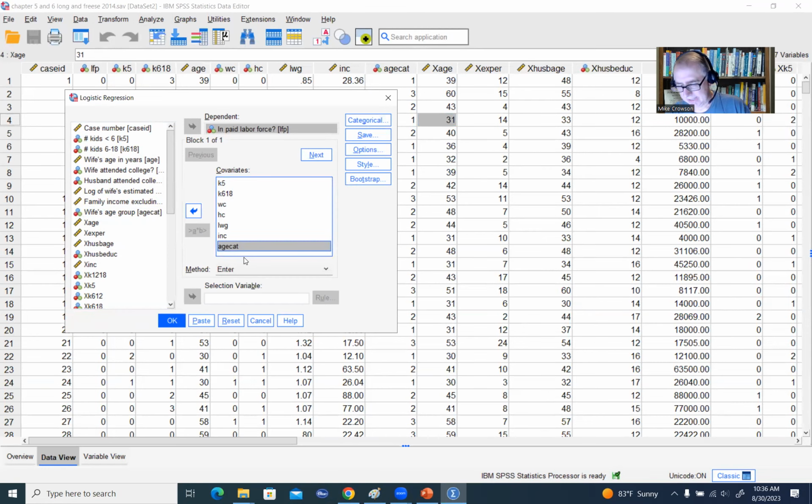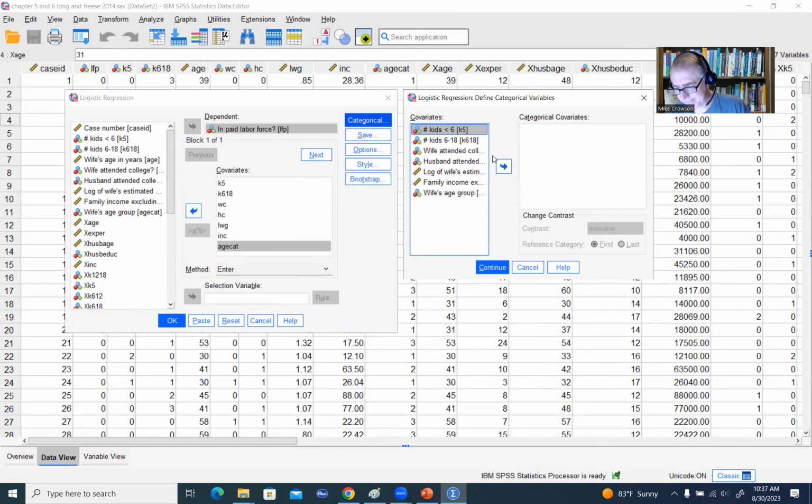We're going to move the age cat variable over. Now, because the age cat variable is being treated as categorical, we're going to need to go up to the categorical box. We'll click it, and we'll move that variable over to the categorical covariates box. The default, where it says contrast, is set to indicator. Basically we're going to be generating dummy variables to represent the age cat variable.